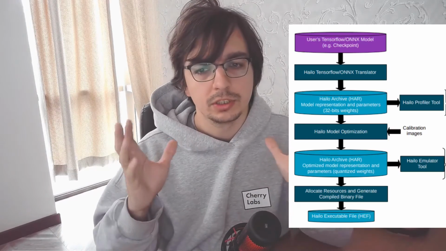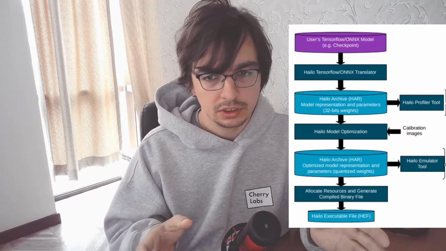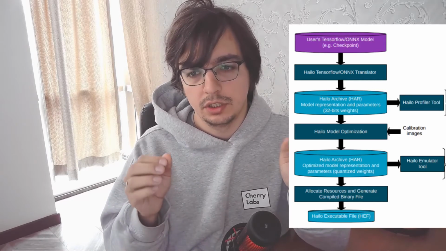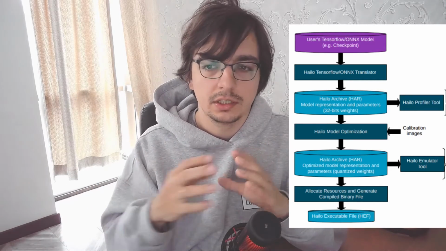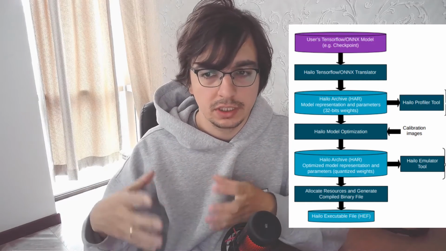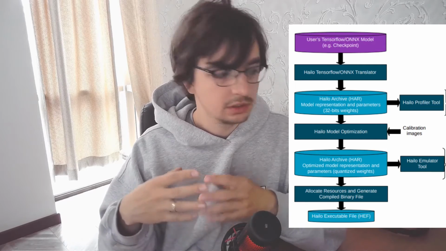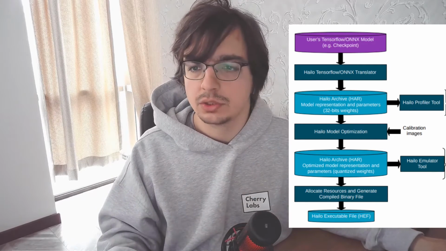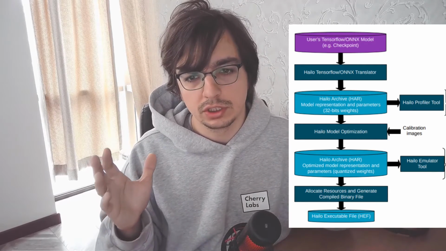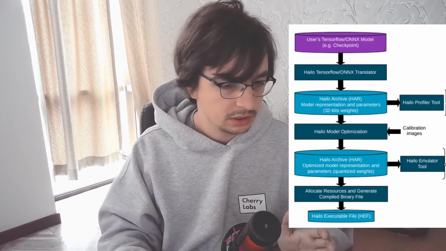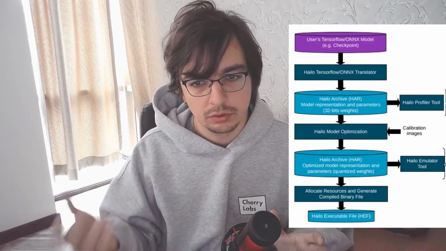I will use ONNX in these videos, but you can change it with a TensorRT model. On this step, the Hailo SDK will check all the layers, check that all the layers will work on the board, and convert the model into Hailo format.